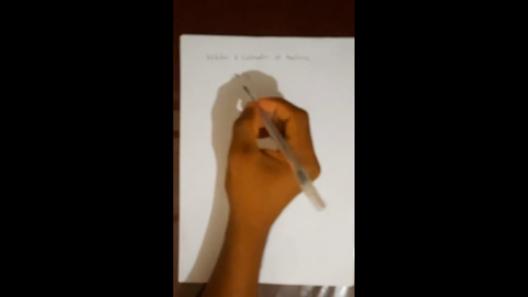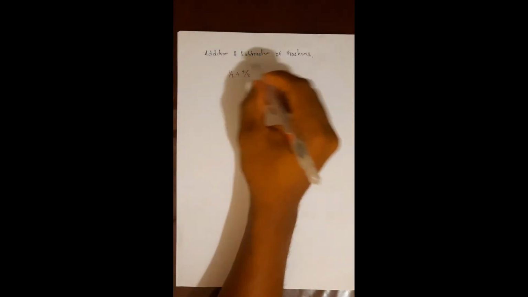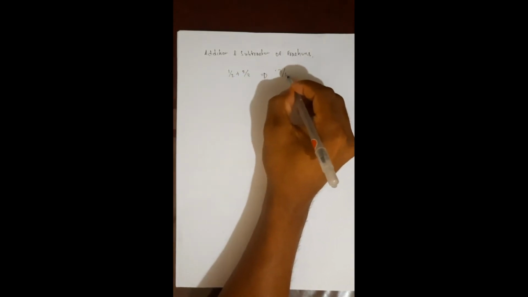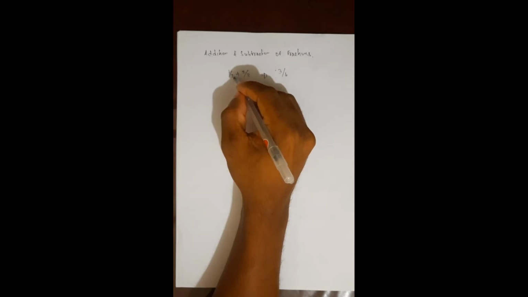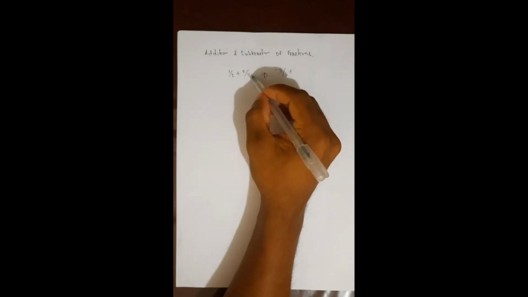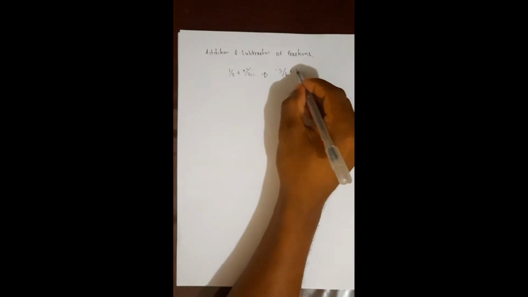This cannot be directly added because the denominators are different. So first of all, we have to change the denominator into a common one, which would be 6. For 1 over 2 we multiply by 3 up and down, so 3 over 6. For 2 over 3 it is multiplied by 2 up and down, so it would be 4 over 6.